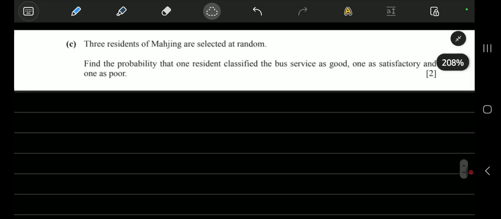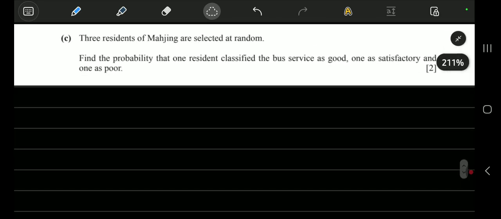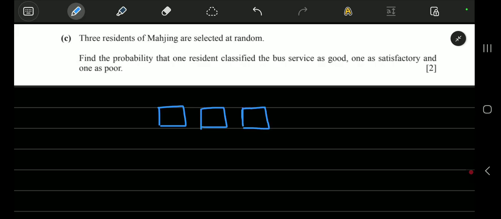Now part C says 3 residents of Mahajing are selected at random. Find the probability that one resident classified the bus service as good, one as satisfactory, and one as poor. So 3 are chosen at random. One said it is good, and the probability of getting a good one was 0.25.